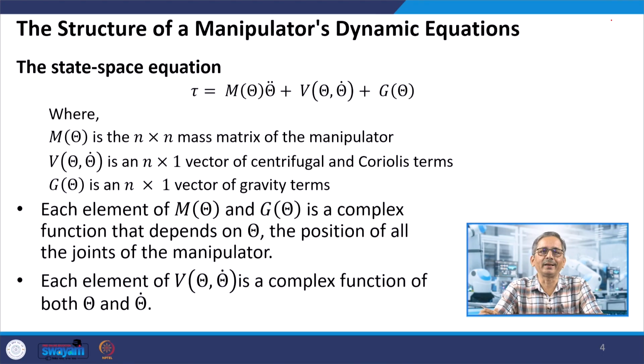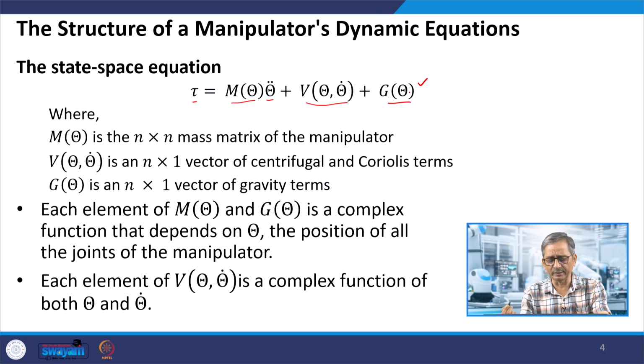So, the structure of the manipulator dynamic equation in the state space form looks like this. We have already seen this previously. It is given by tau equals the mass matrix times the acceleration vector, plus the centrifugal and Coriolis terms, plus the vector of gravity terms.